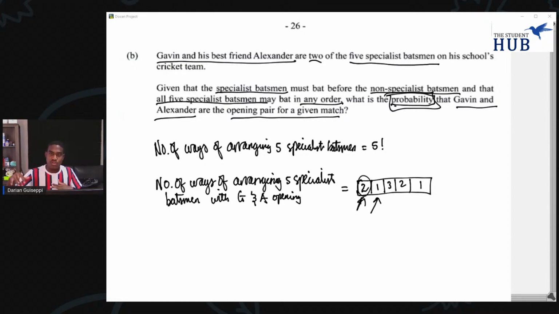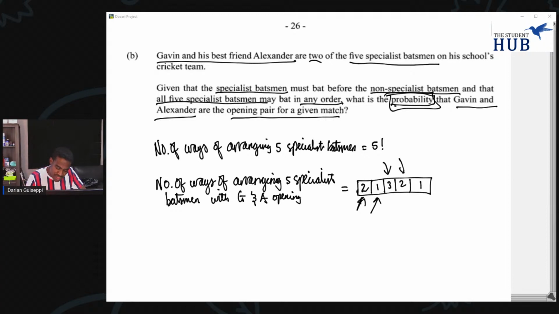And then you put the 1 remaining person, whoever is remaining between the 2 best friends, Alexander and Gavin. And then for the remaining persons, we put any one of the remaining 3 here, so that's why we have 3 here.